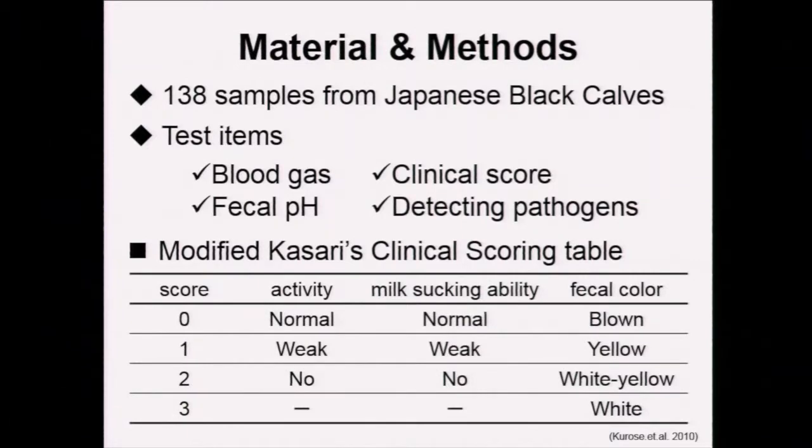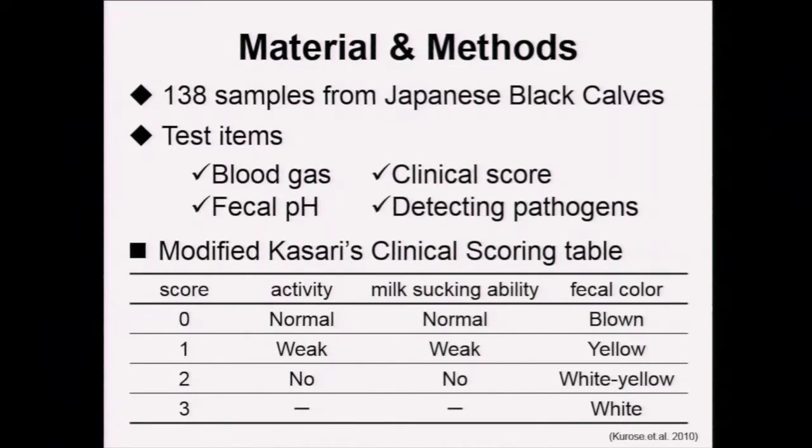138 samples from Japanese black calves in Fukushima Prefecture between November 2016 and June and November 2017 were collected. There were 120 diarrheic samples and 18 healthy samples.